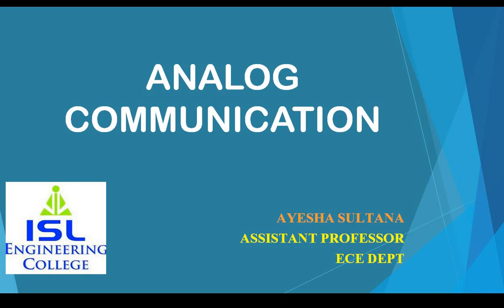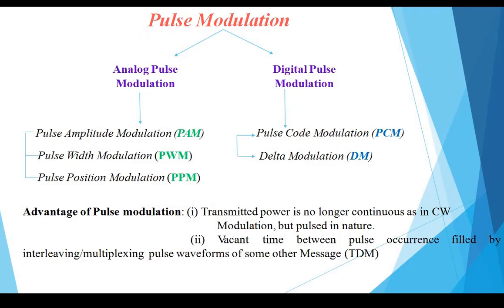Yes, so in today's class we are going to discuss one of the modulation techniques used for pulse modulation. I have given a tree over here so that you get a clear explanation about pulse modulation schemes. As I said, I'll be giving the link of the first class where we saw the tree of modulation schemes, where you had continuous wave modulation and pulse modulation.